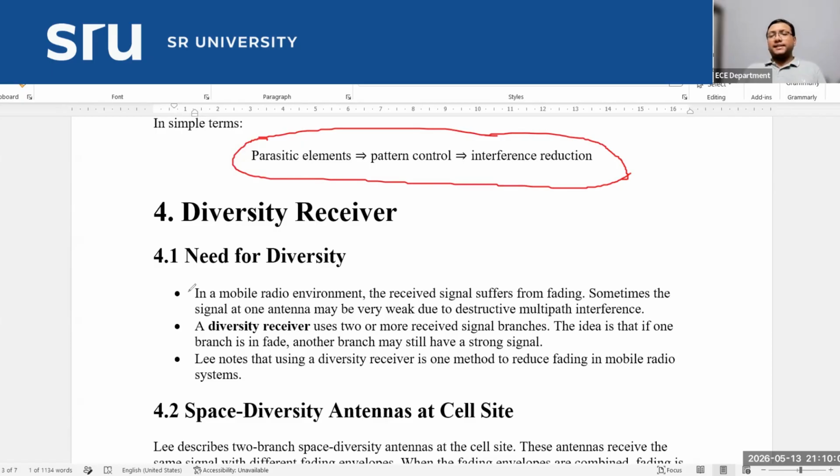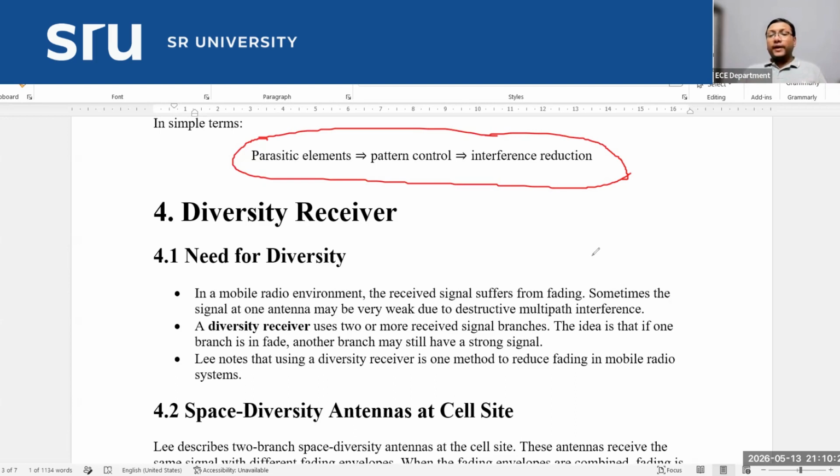The mobile station will be moving from one point to another point. So in that environment, the received signal suffers from fading. Fading means some drop in signal strength. Now short term is there, long term is there. I'm not going into that.